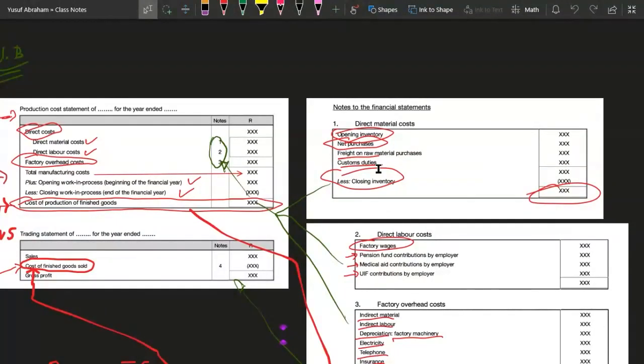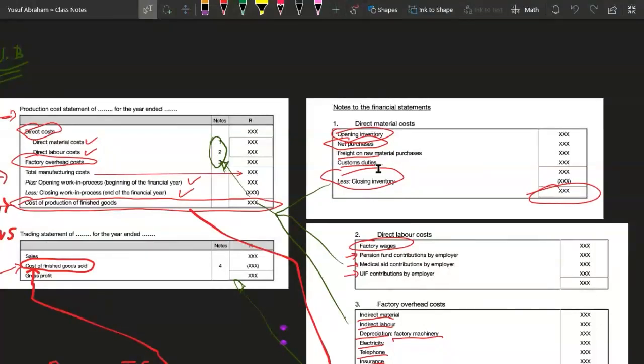This is not a ledger, so there's not going to be a left and a right side. It's just one side, right? You're going to have your opening inventory, the net purchase, plus all the freight on raw materials, custom duties, all these costs you need to add to the cost of the actual product, right?